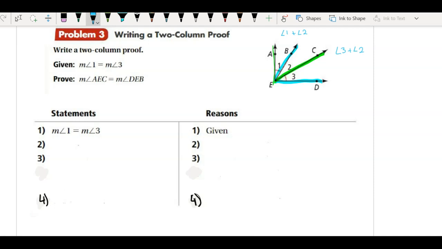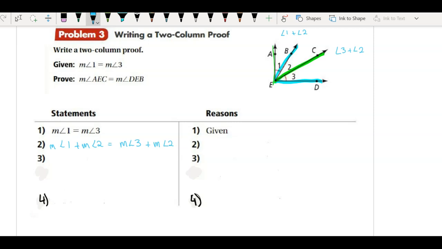So my first statement is going to be that the measure of angle 1 plus the measure of angle 2 is equal to the measure of angle 3 plus the measure of angle 2.